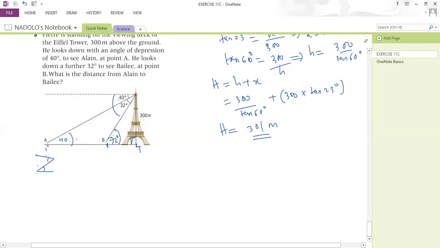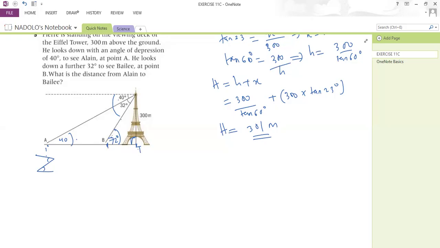So if you have a letter Z, those angles inside there are similar. Now, since you have the angles already, you are going to calculate the values of the missing sides.